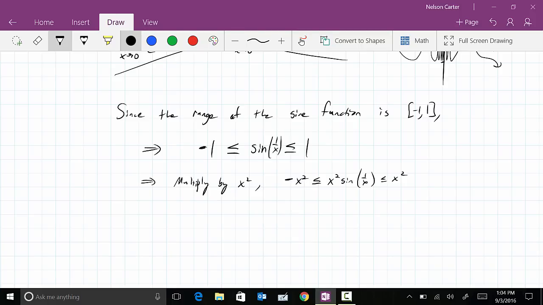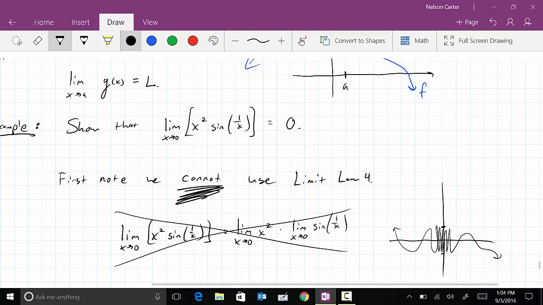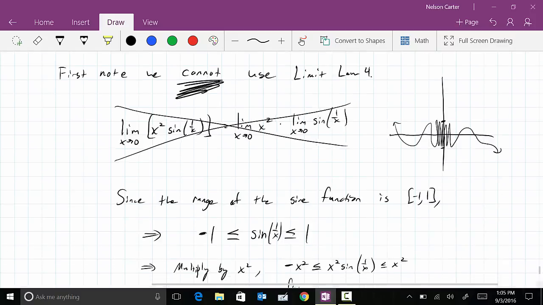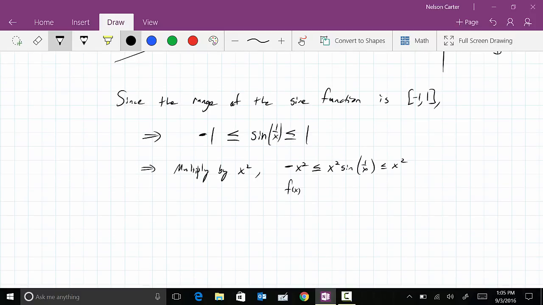So this is like my f function, which is always the low. In this drawing, that was my blue function here. Then we've got my upper function, our h of x, which is always on top. And meanwhile this is our g of x. So we've shown that f of x is less than or equal to g of x, which is less than or equal to h of x.